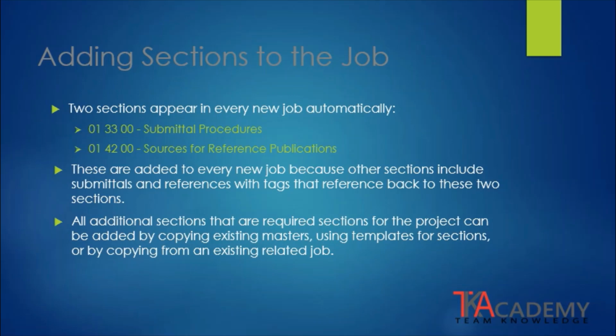These sections are automatically added because all other sections will include submittals and references. The technical specifications will include tags that will tie back to these 2 individual sections at the beginning of the project. All other sections are added to the job by selecting the individual sections from the list of the masters or by copying the SEC file from another existing job.